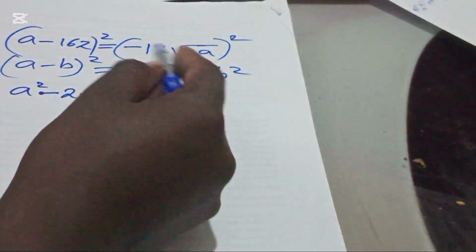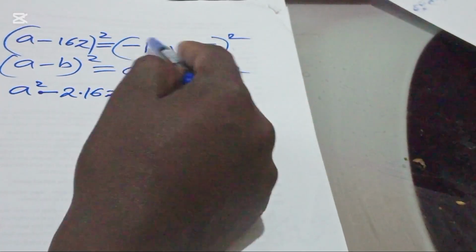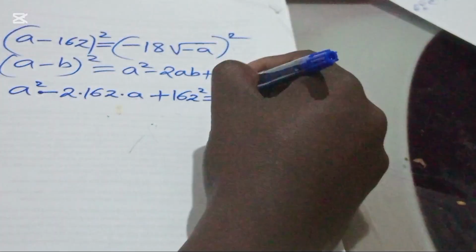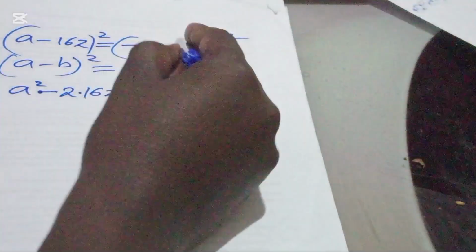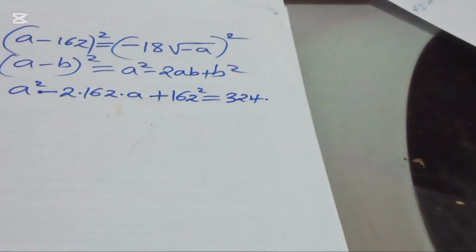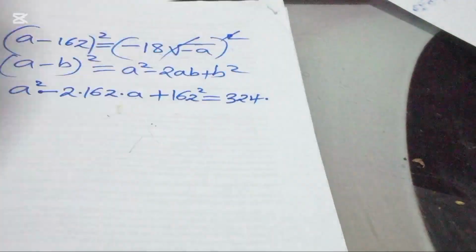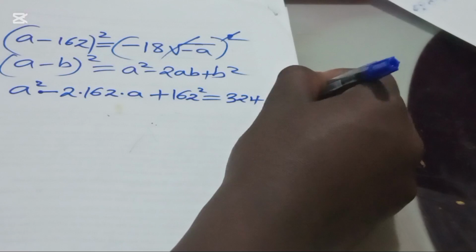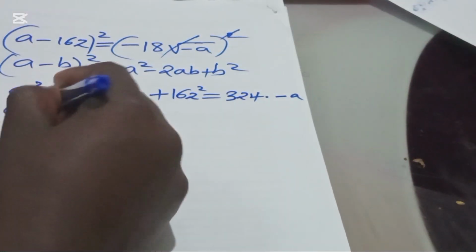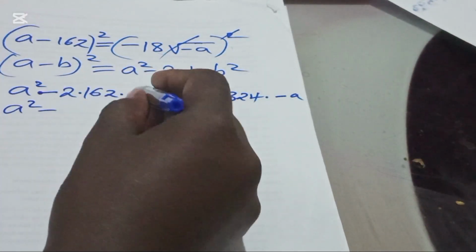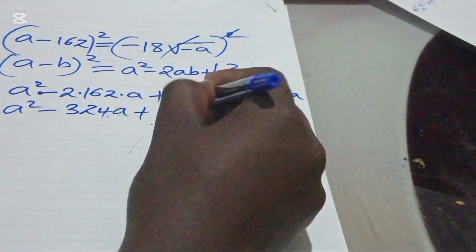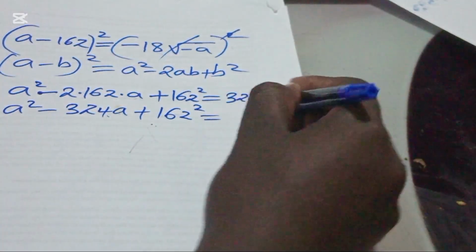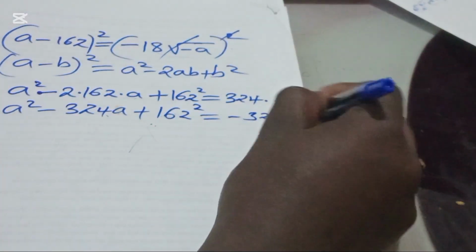On the right hand side, we have negative 18 squared, which is equal to 324, multiplied by the square root of negative a squared, where we simply eliminate the square root sign to get negative a. So we have a squared subtract 2 times 162 times a, which is 324a, plus 162 to power 2, equal to negative 324a.